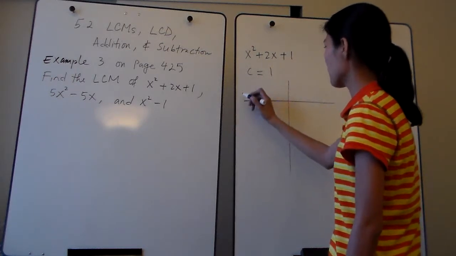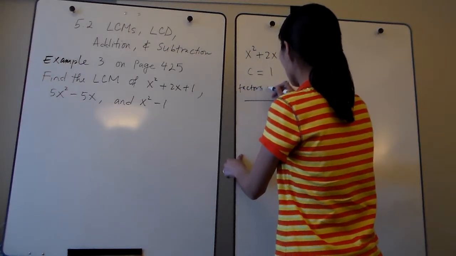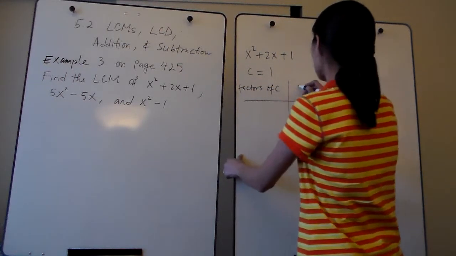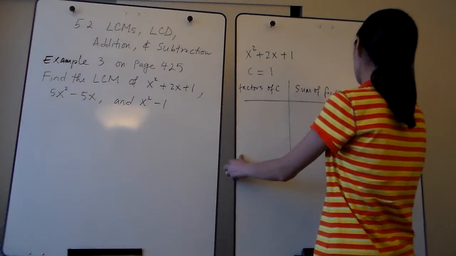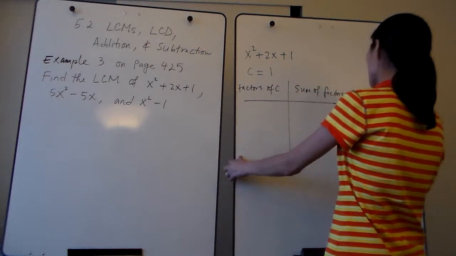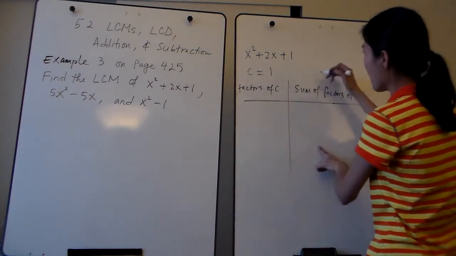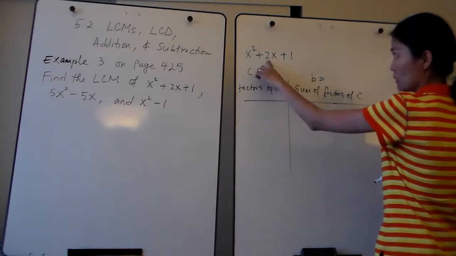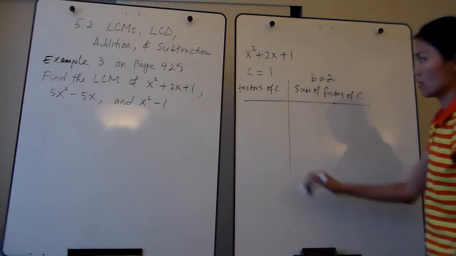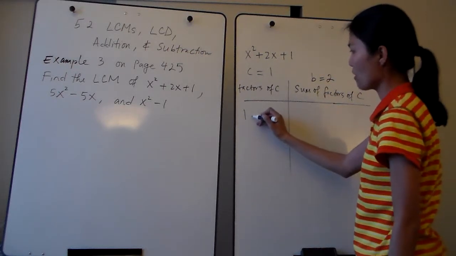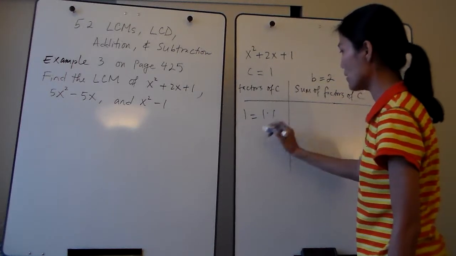These are the factors of C, and this is the sum of the factors of C. Remember, our goal is to get the sum of the factors of C equal to B, which is 2. C is 1, so all you can factor is 1 times 1, or 1 and 1.